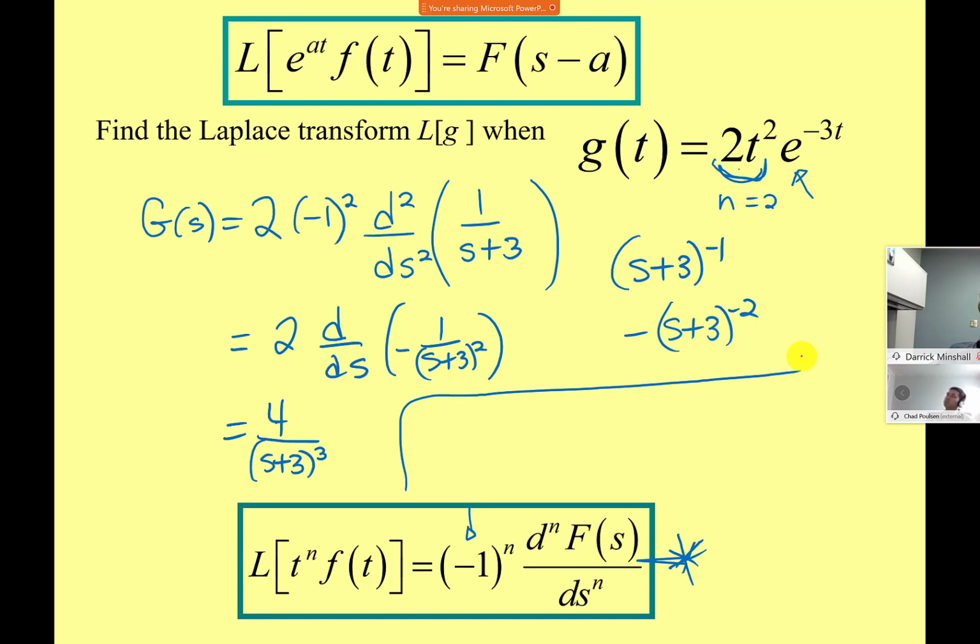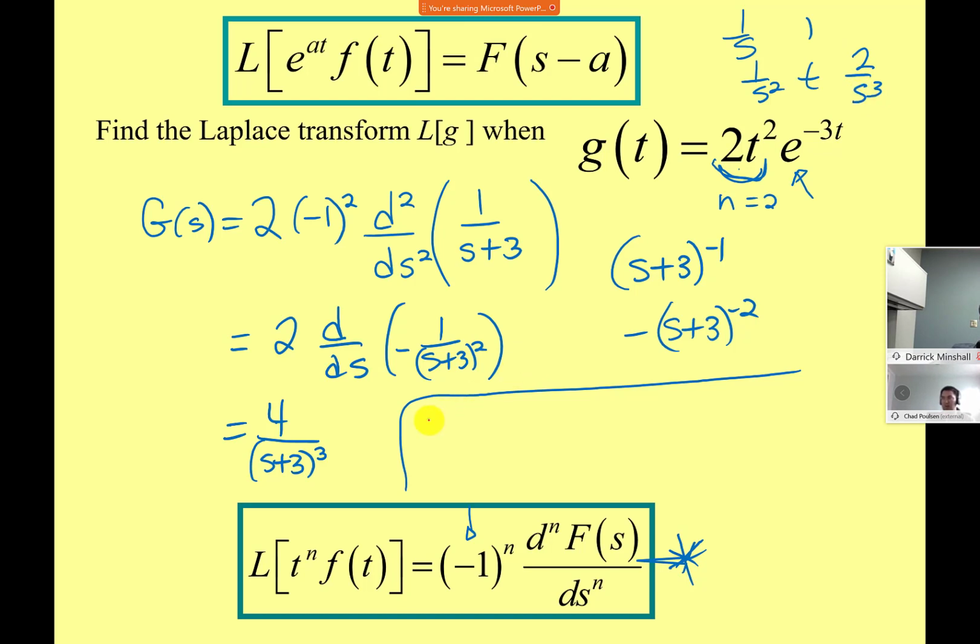Okay, so what I need to do is Laplace transform 2 t squared. And so remember what that is when we Laplace transform t squared. 1 over s was 1, 1 over s squared was t, and t squared was 2 over s cubed.